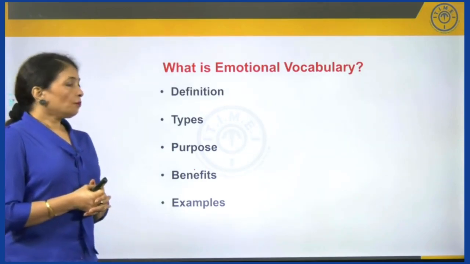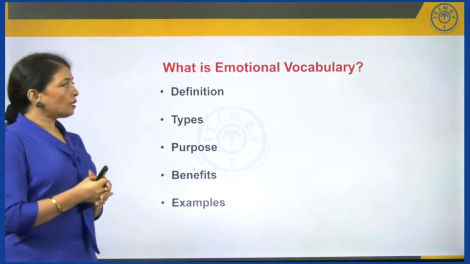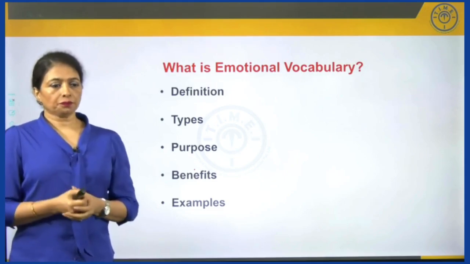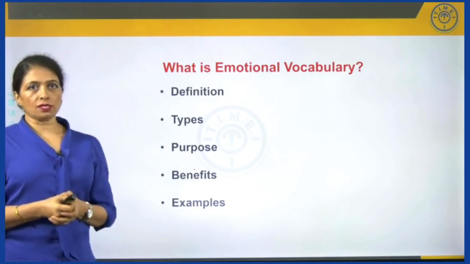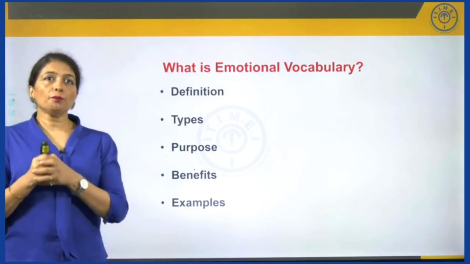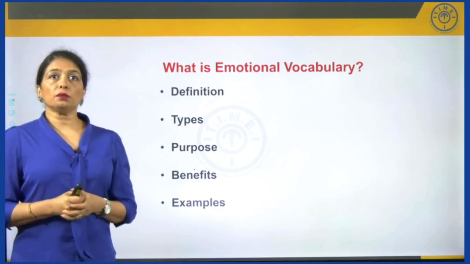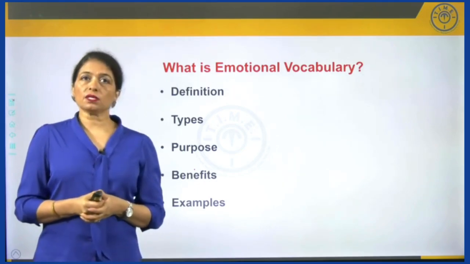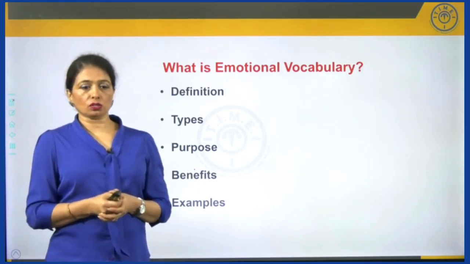That's because they help us identify, understand, and communicate feelings better. What are the benefits? One of the most important benefits is that it makes us emotionally intelligent and helps us in effective communication.